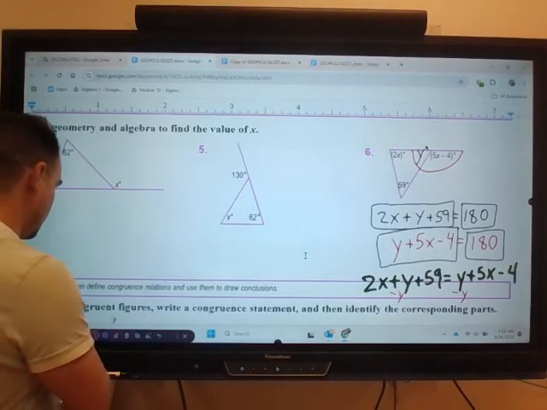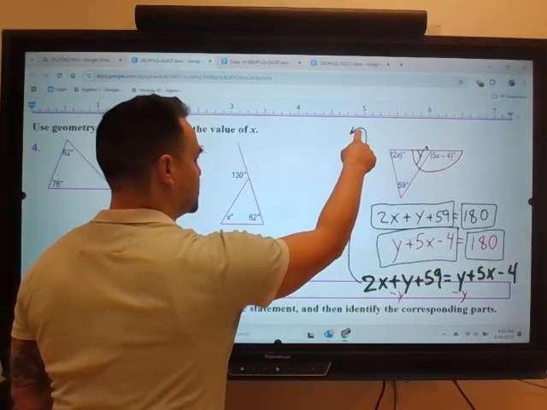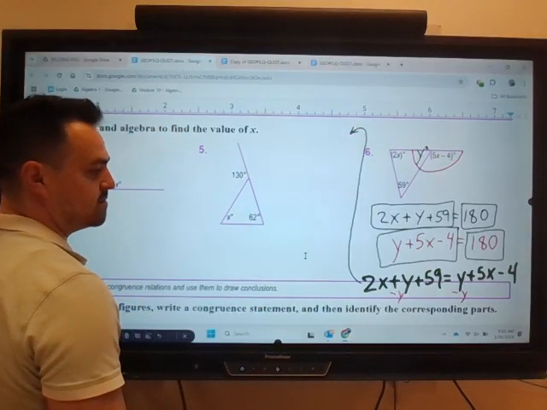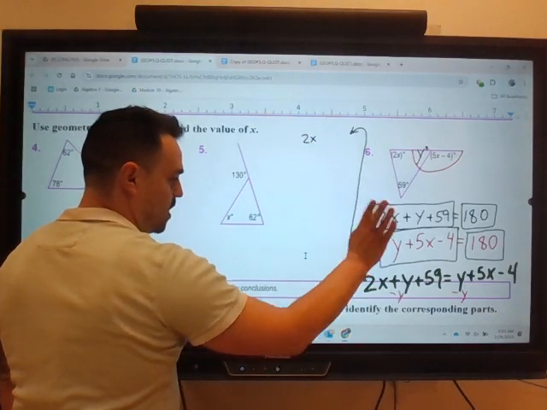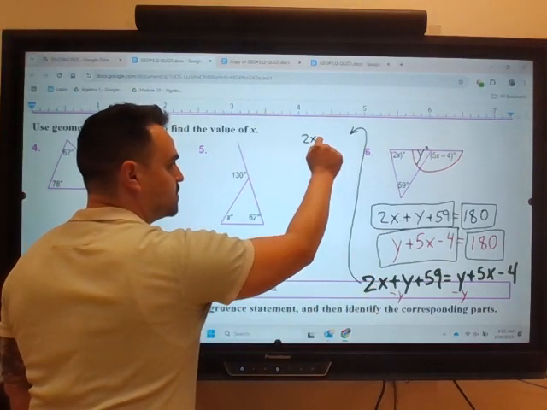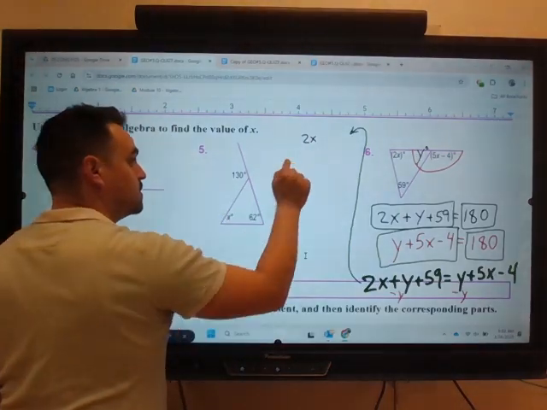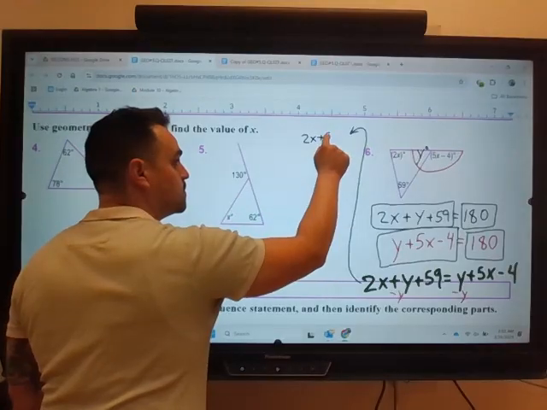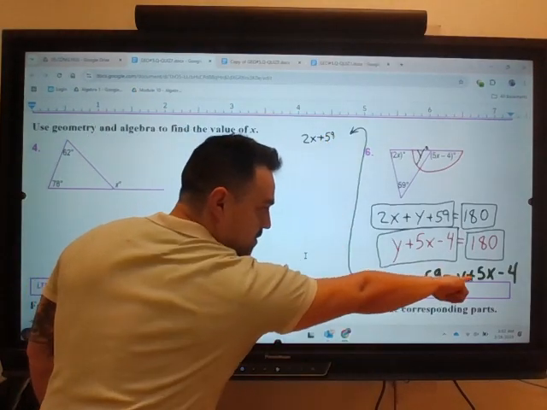I'm tempted to leave you guys to finish this problem, but I already left you number 5 in this section, so I'll finish it off up here. 2x, y is gone, plus 59 equals, y is gone, 5x minus 4.